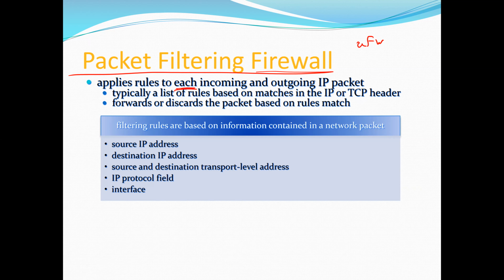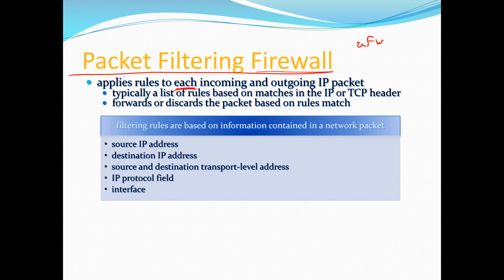Every packet is basically considered to be independent when the rule is applied. So it's not like you look at the previous packet and, given that packet, look at this packet and make a decision with that information. Usually it's just each packet.